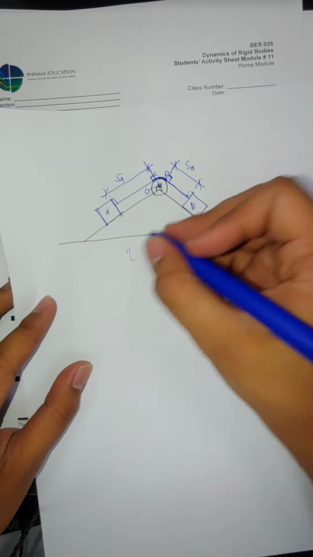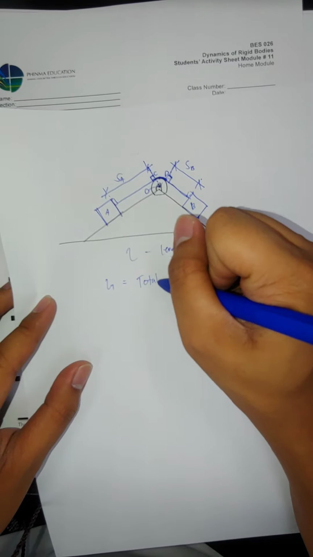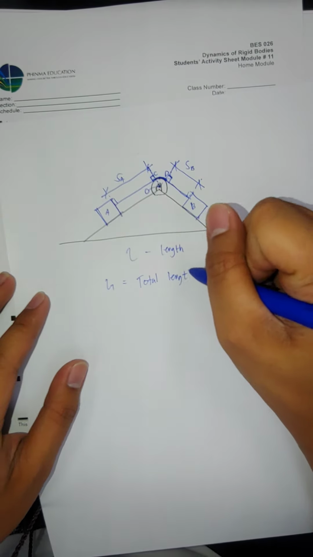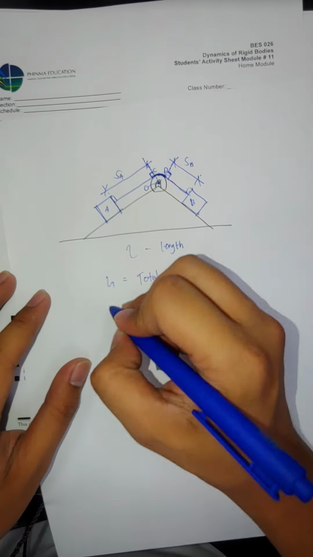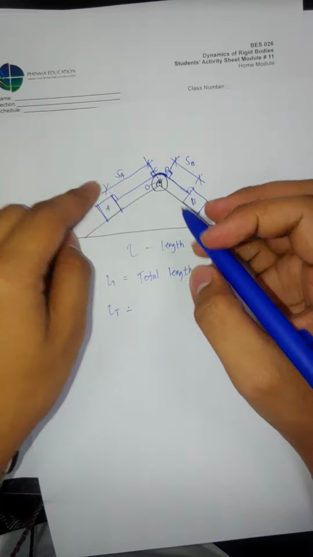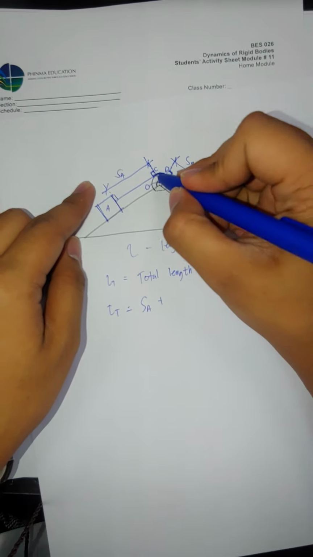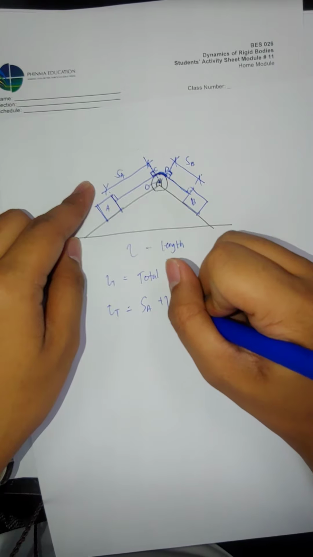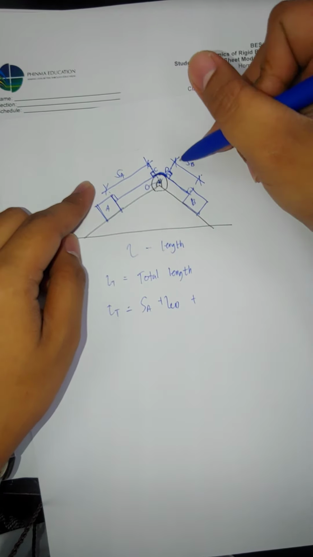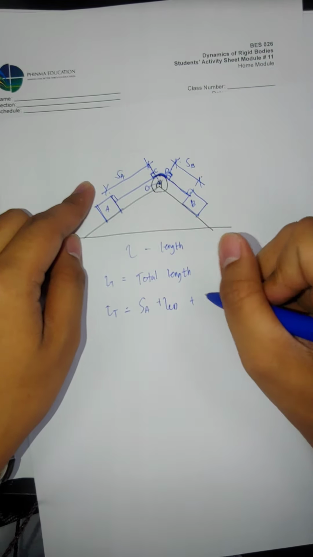So the total length, so ang LT, which is the total length of the chord, is LT is equal to the position of A, that is S sub A, plus the length of this arc CD, plus the length of this position B of the particle block B. So SB na siya.